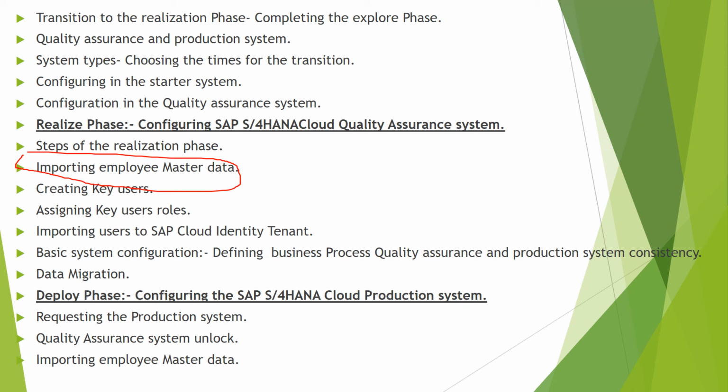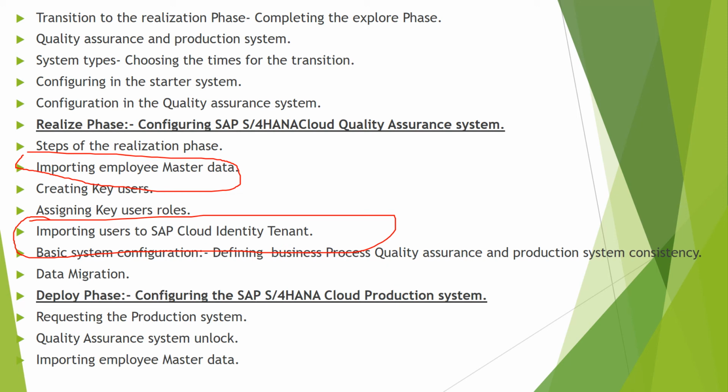And then importing users to SAP Cloud Identity Tenant. So we are here. So here, first thing, ensure that you have assigned the administrator right to at least one personal user, okay?